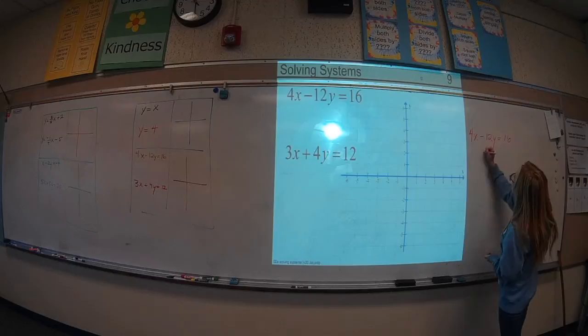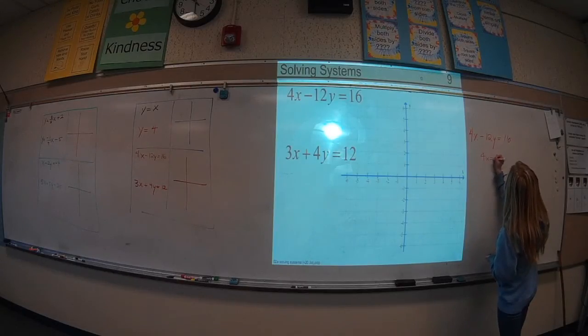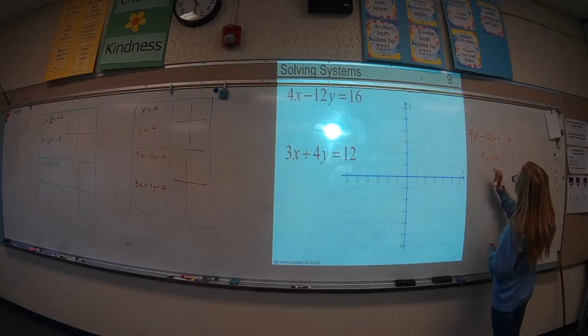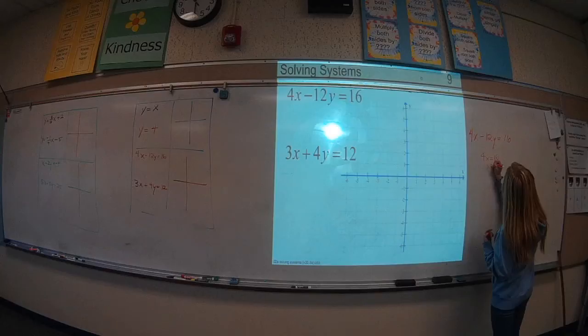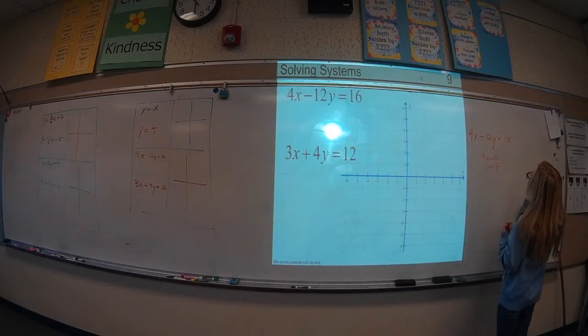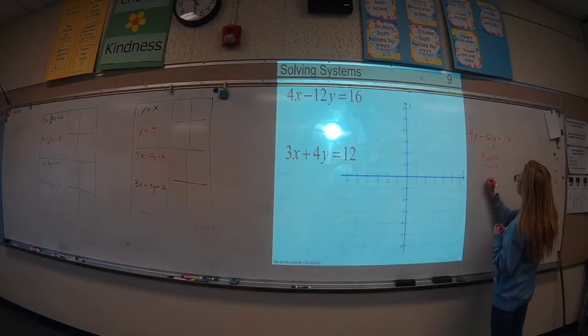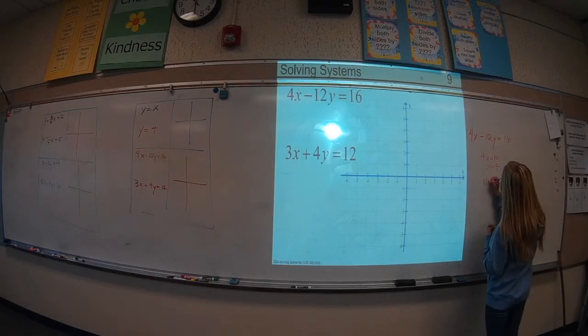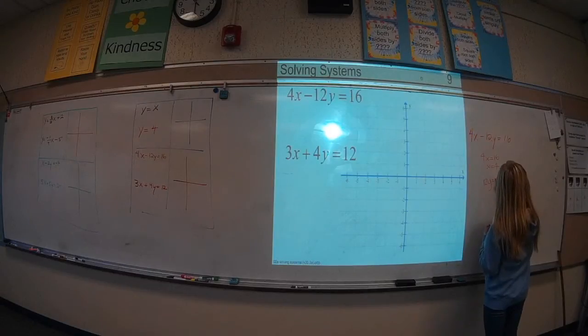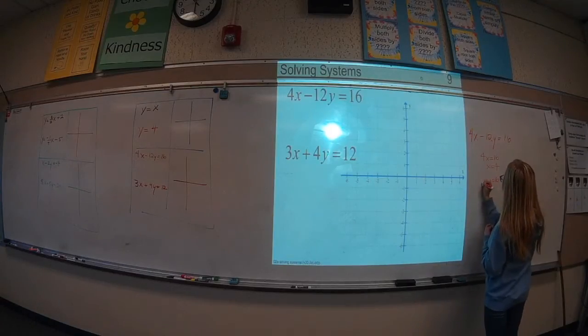So she's going to break it into an x equation and a y equation. 4x equals 16. There's the x equation. You want to solve that? So x equals 4. There's the first intercept. Break it into a y equation. Oh, good.